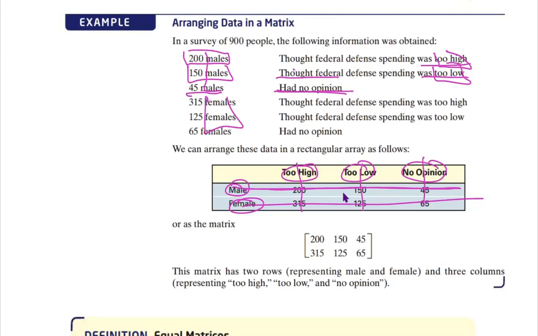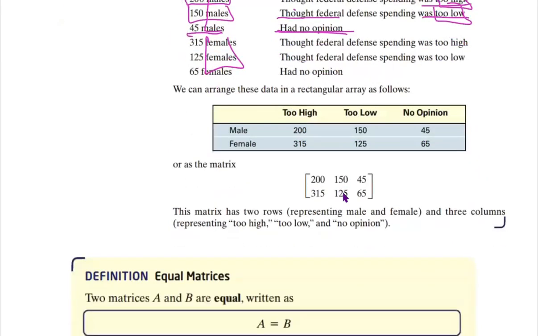It gives you the table, and you have a matrix with 2 rows, row 1 and row 2, and 3 columns, which are the characteristics: too high is the first column, too low is the second column, and the third column is no opinion.